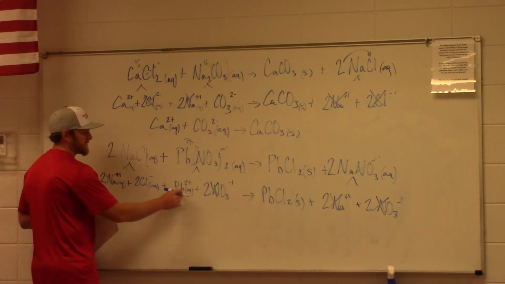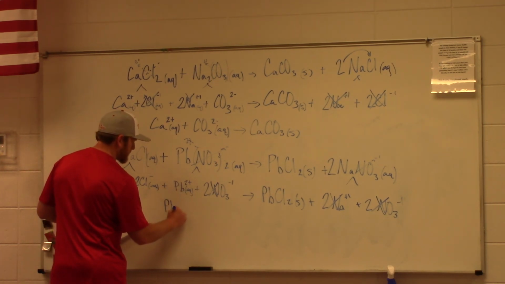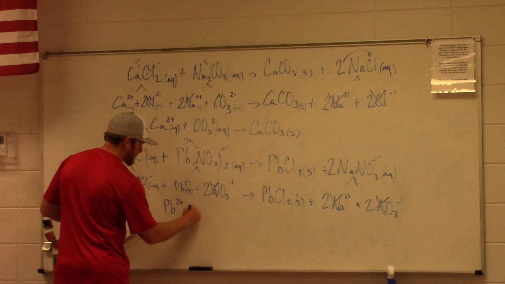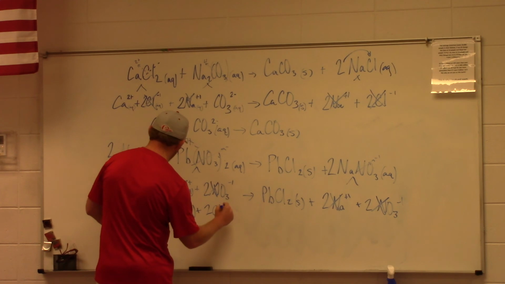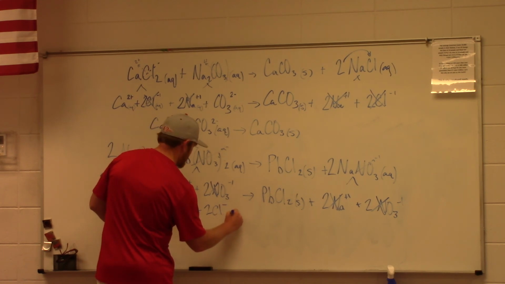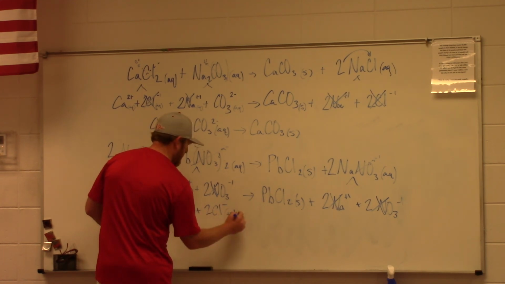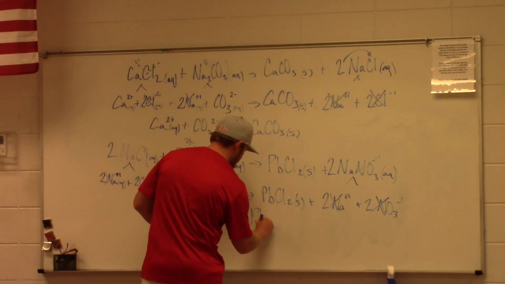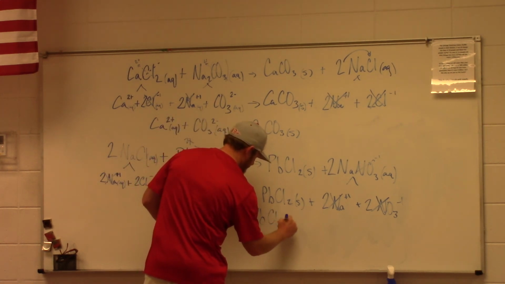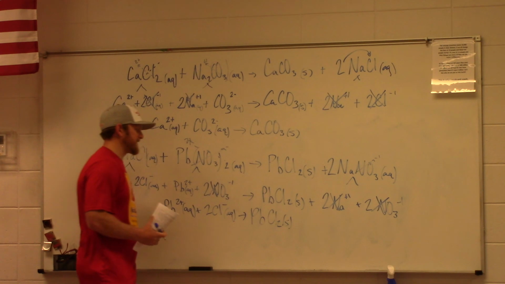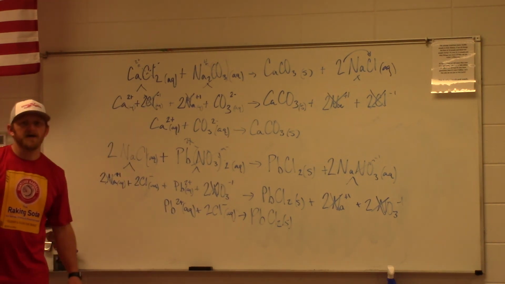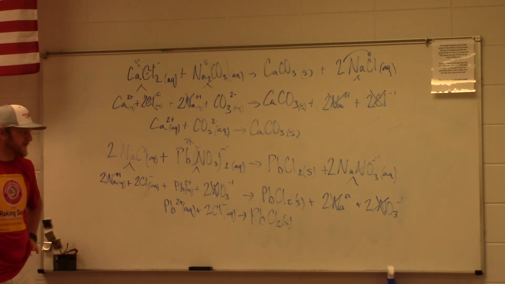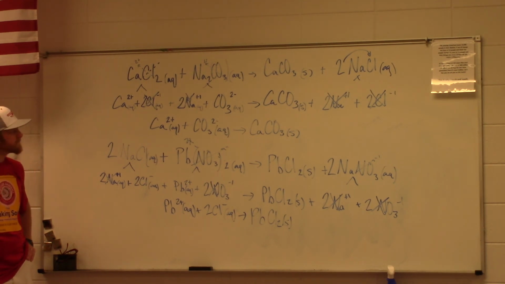Put your cation first. And that is your net ionic. Lead plus chlorine will yield lead chloride, PbCl2 as a solid.